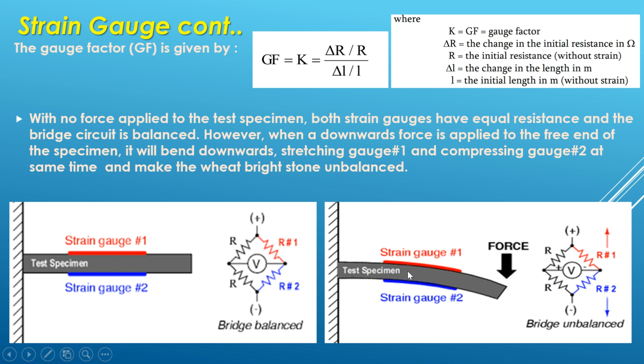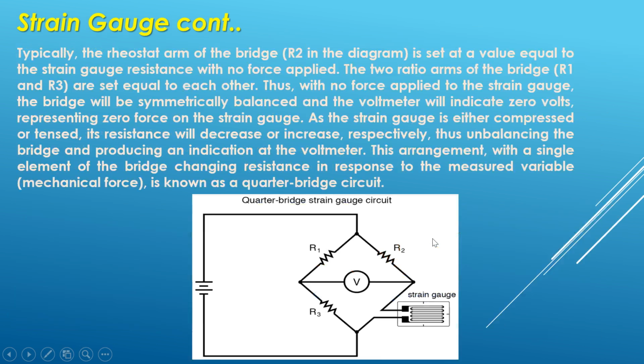So in picture 2, the strain gauge is compressed, so the area increases. So the resistance also changes, and it makes the bridge unbalanced.